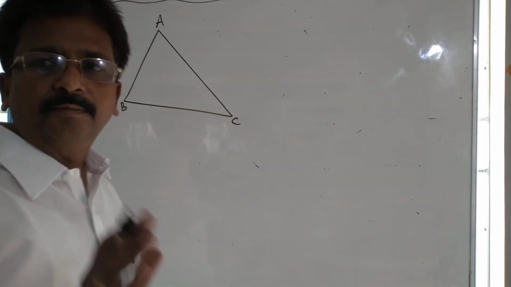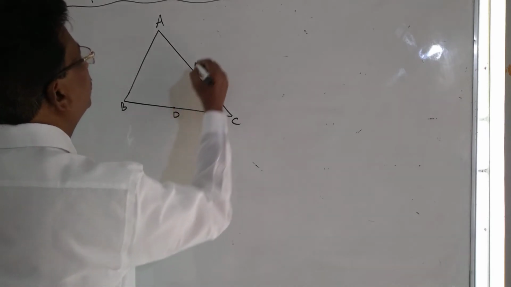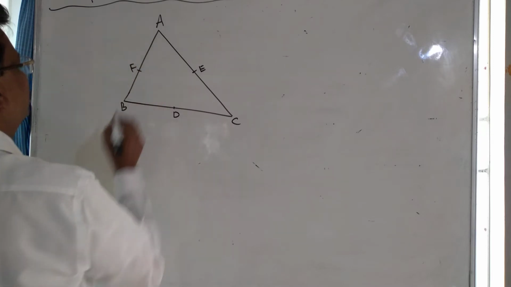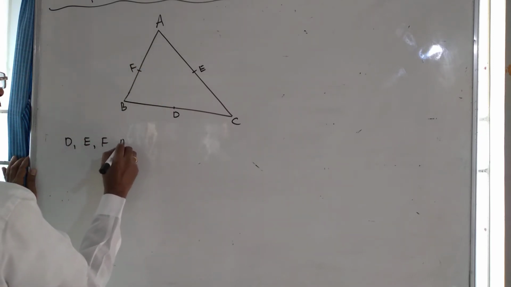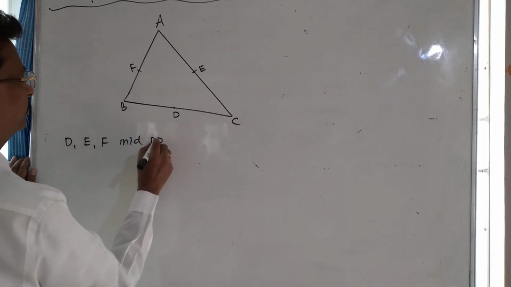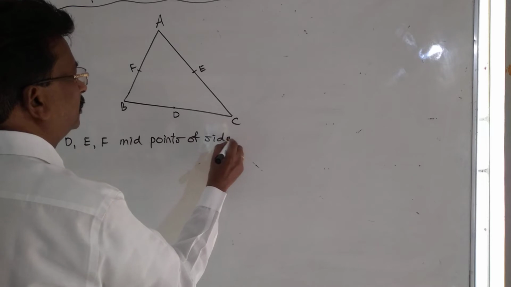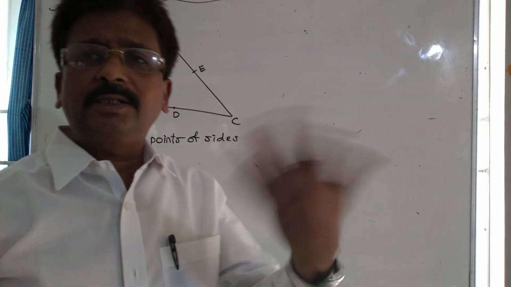First one, midpoints D, E, F. D, E, F are midpoints of the sides. Our circle passes through these 3 points, and next 3 points.